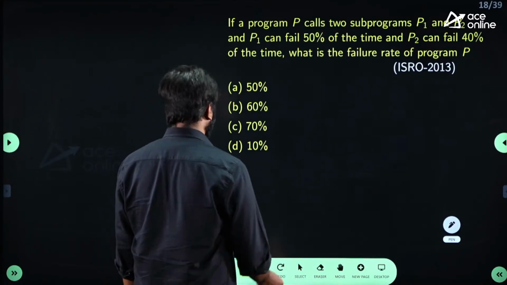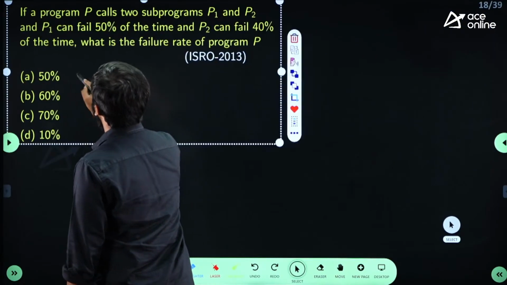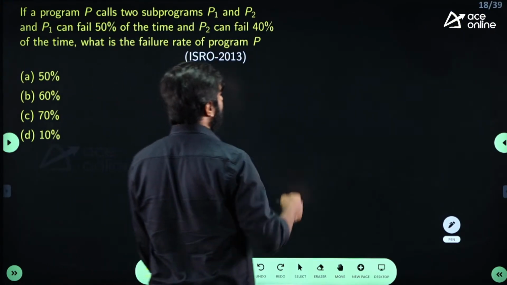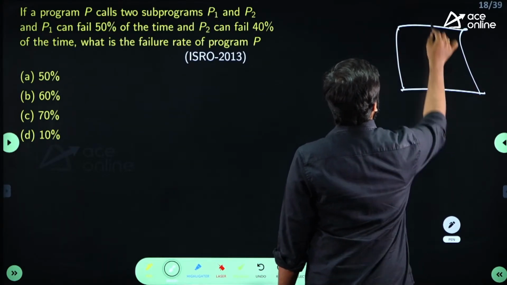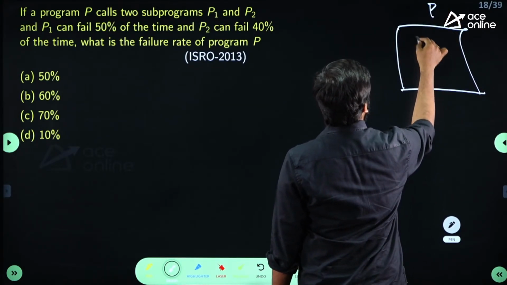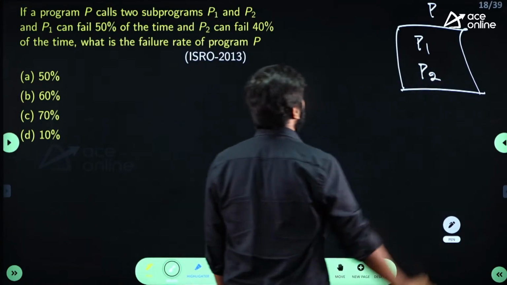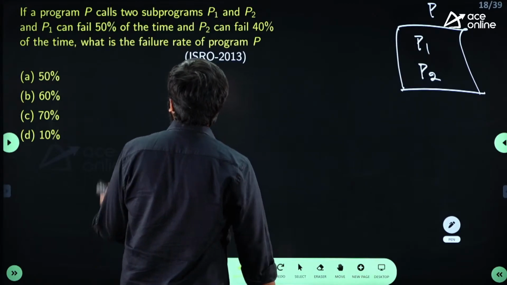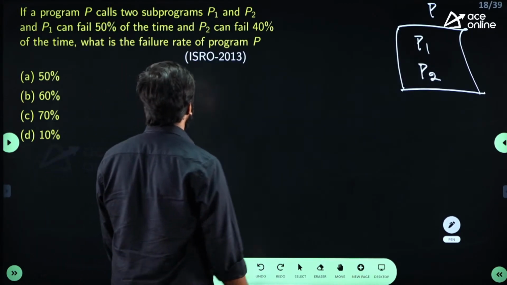He says that there is a program. If you are computer science students, you write programs and you call some subprograms. Let's say this is your program P. You are using a subprogram called P1 and another subprogram called P2. P1 fails 50% of the time, P2 fails 40% of the time.